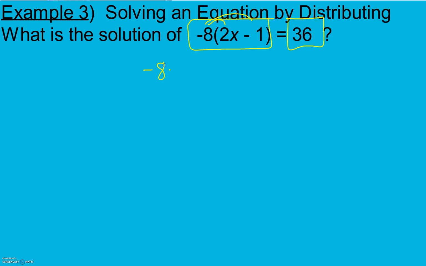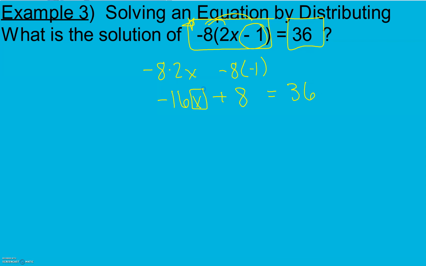And I can take negative 8 times 2x, and I can take negative 8, keep the sign with our 1, minus 1. Multiply negative 16x, negative times a negative gives me a positive 8. And now I'm as simple as I can get on the left side. On the right side, I just have 36. So left side and right side are both as simple as I can get them.